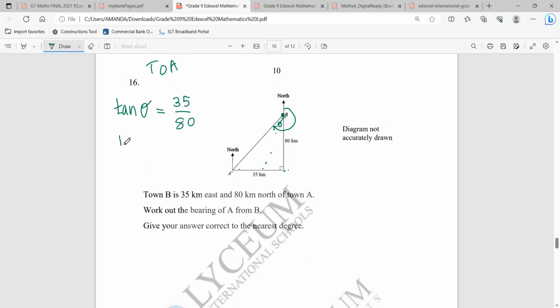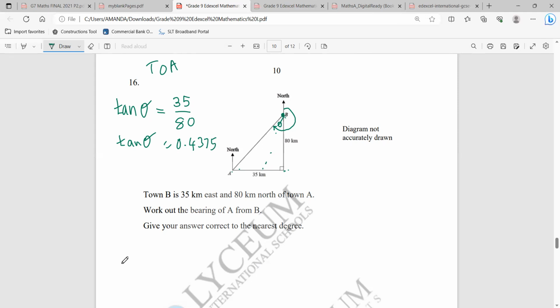Now let's do 35 divided by 80, which gives 0.4375. So tan theta is 0.4375. Now you need to find tan inverse and find what theta is.